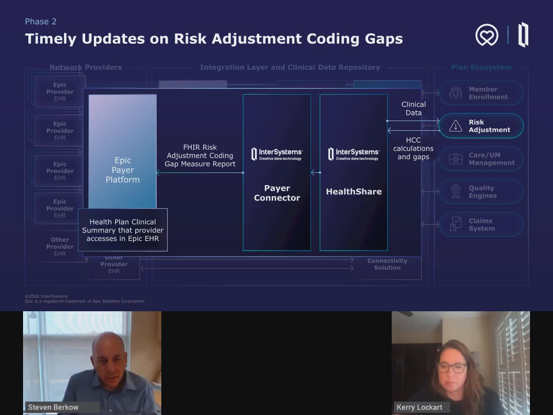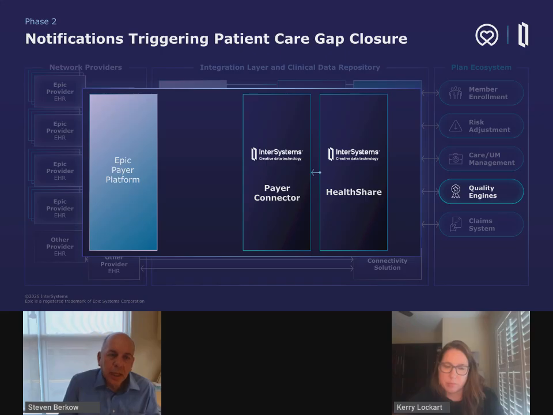Then HealthShare via Payer Connector meets the specs to push that into Epic Payer Platform, which again exposes that information to the physician or other provider within their existing workflow at the point of care via health plan clinical summary.